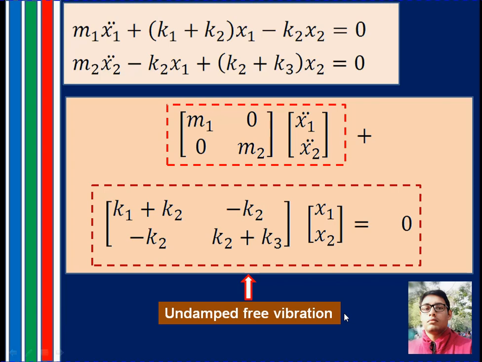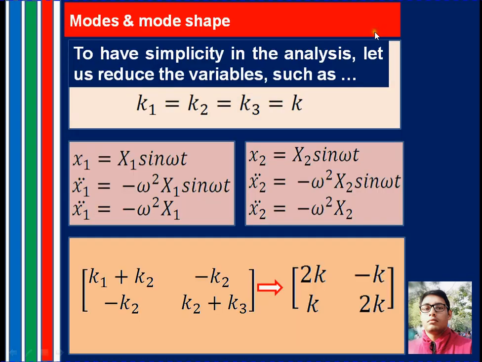Now let us see how the equations are converted into matrix form. m1 x1 double dot plus k1 plus k2 times x1 minus k2 x2 equal to 0. That was our equation number 1.